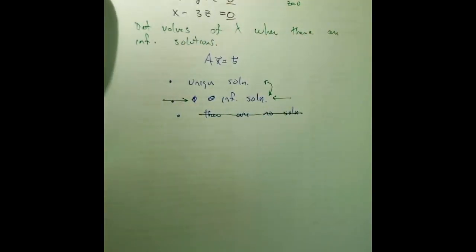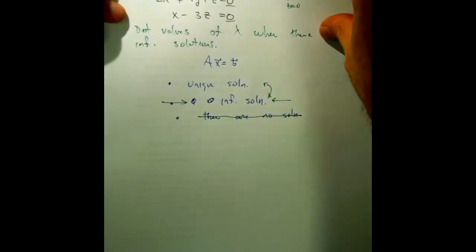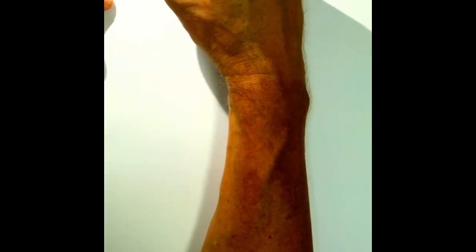Okay, so let's go back to our system, rewrite it, and recast it. So we started off with this question: I want to determine values of lambda so that the following system has infinite solutions.